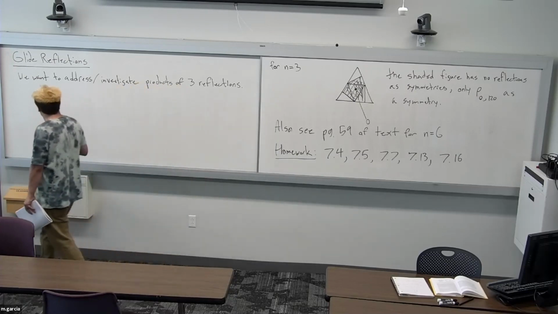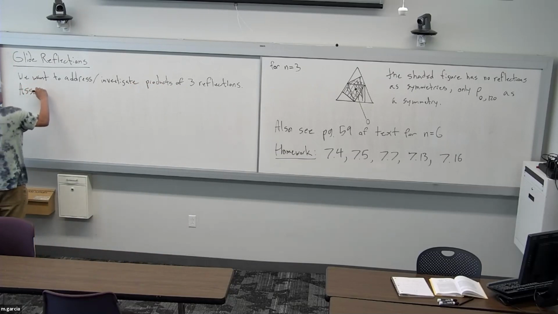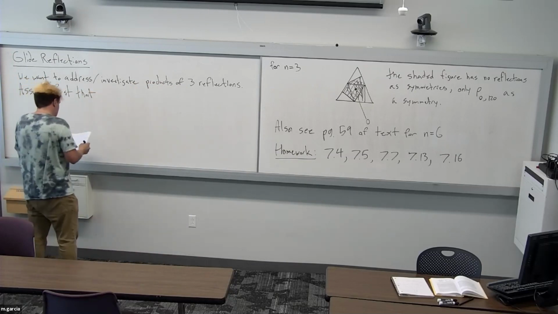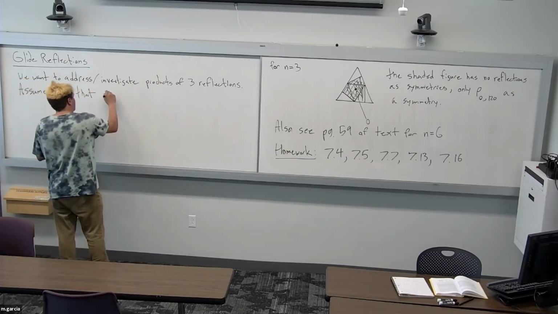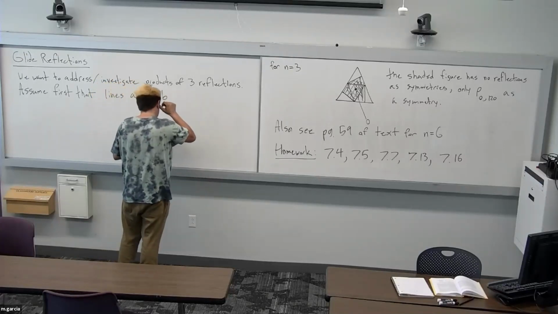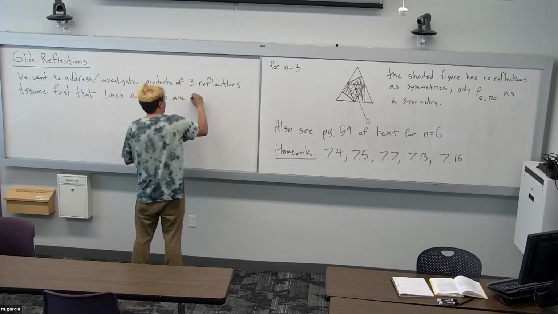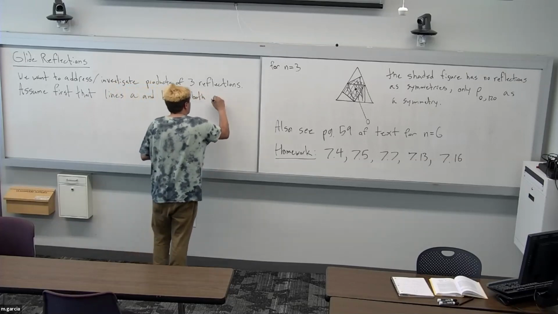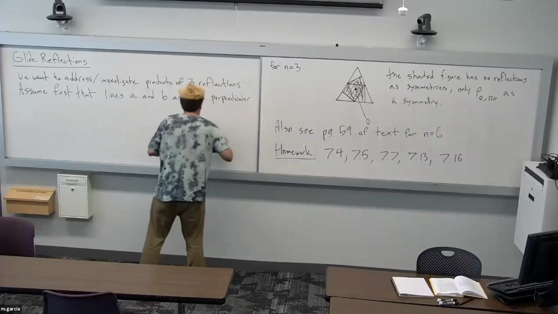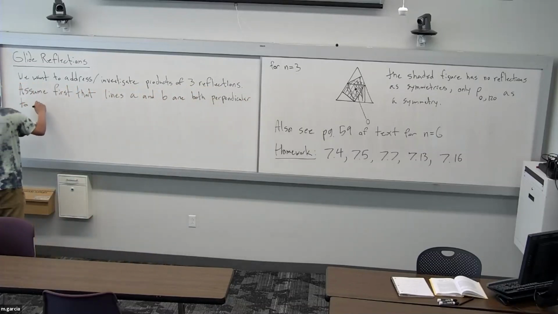Let's assume first that lines A and B are both perpendicular to line C. Okay?